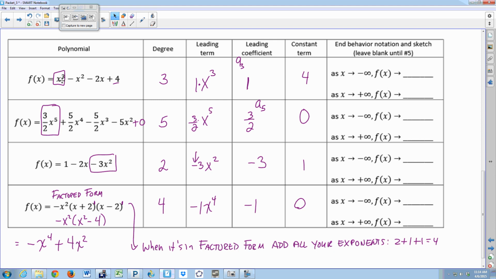Leading coefficient, positive or negative? Positive 1. So all I think about is y equals x. Where's my right arm? It's up. Where's my left arm? It's down. So as x moves to the left, my function goes to negative infinity, and as x moves without bound to the right, I grow without bound to positive infinity.